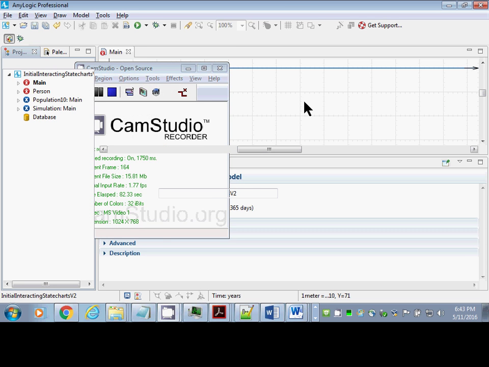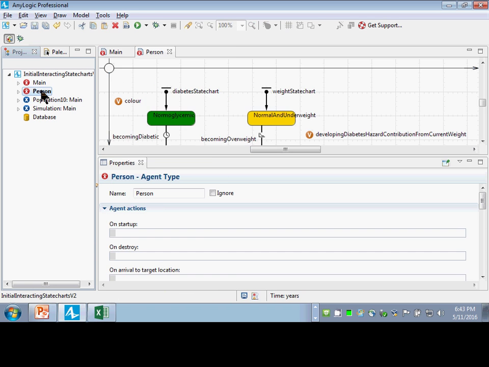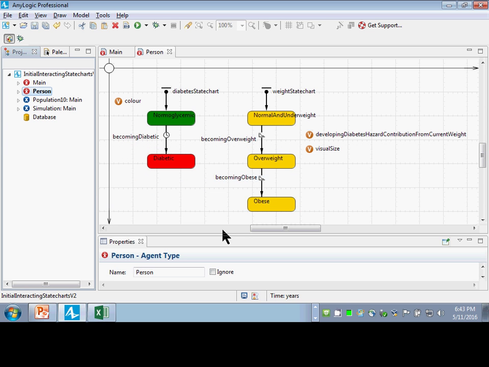Just to remind us what was in this model, it consisted of 2 state charts, one related to weight, one related to diabetes. And we had interactions between these implemented, where weights enhance the risk of becoming diabetic.